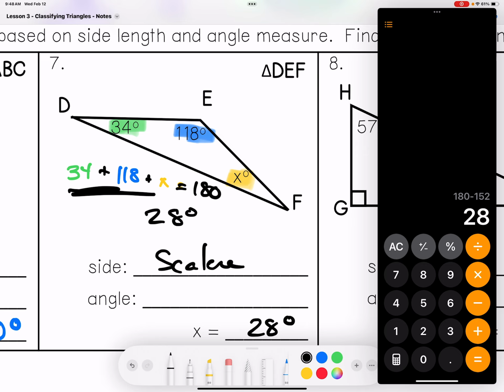Okay? And then what is the angle type? First of all, are they all less than 90? No, so it's not acute. Is there a right angle? No, so it's not a right angle. So it must be obtuse. And it's obtuse because there's one angle that is more than 90.